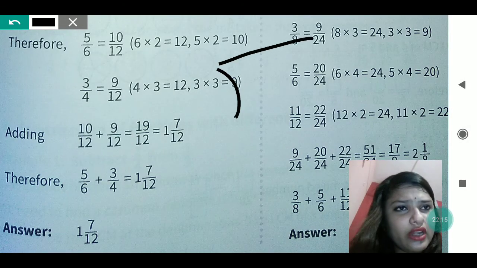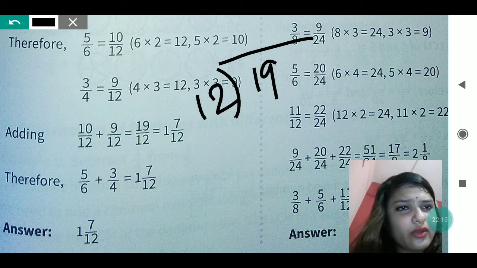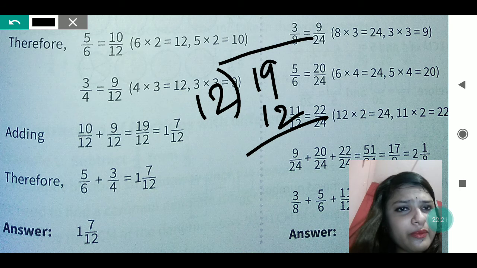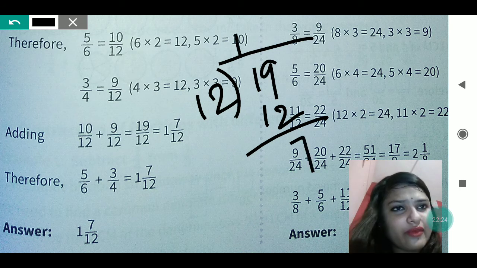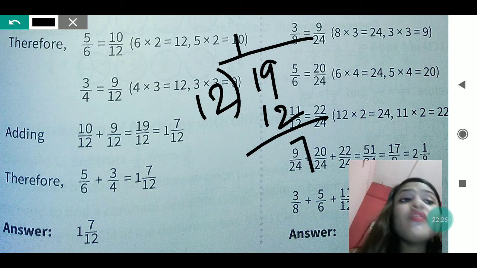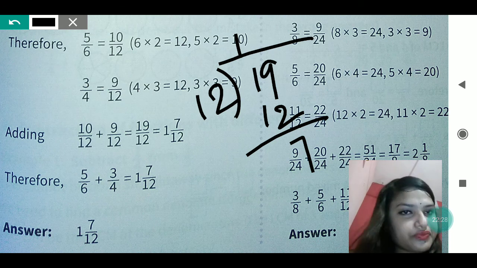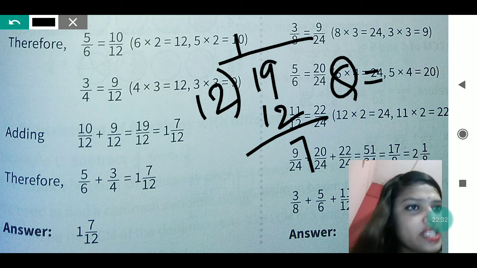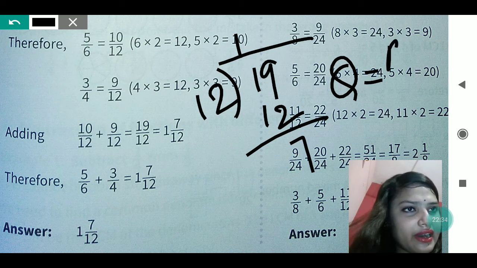Just see, you write 19 and divide it by 12, so it is divided one time, and you will get remainder 7. Now how we write it as a mixed fraction: quotient, remainder by divisor.